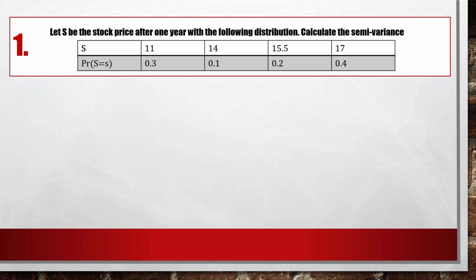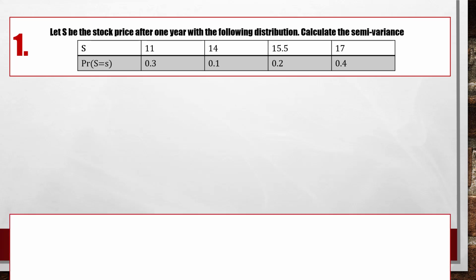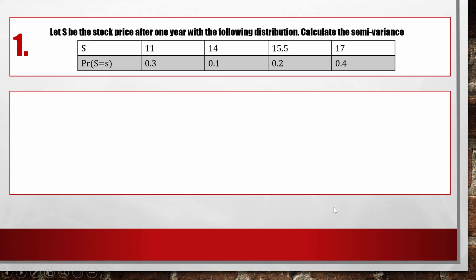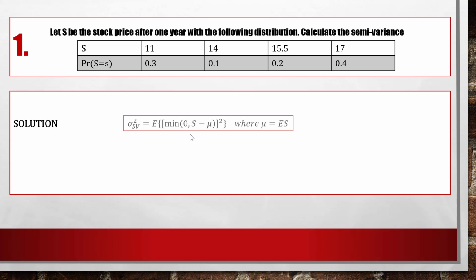Let S be the stock price after 1 year with the following distribution. Calculate the semi-variance. Here we have a random variable with 4 possible values of S, and we want to find the semi-variance. So first we need to recall the formula for semi-variance.